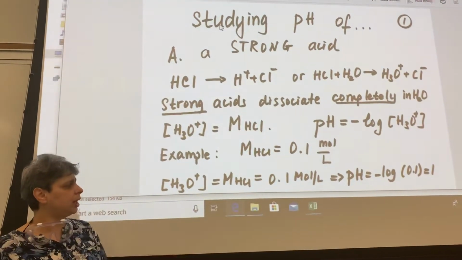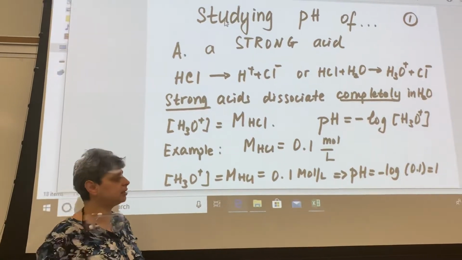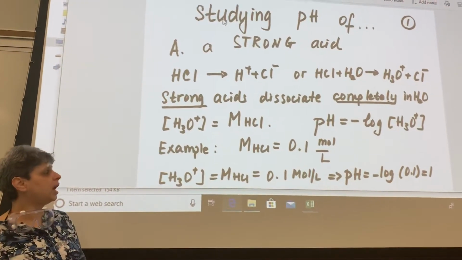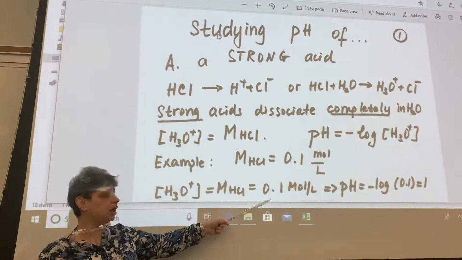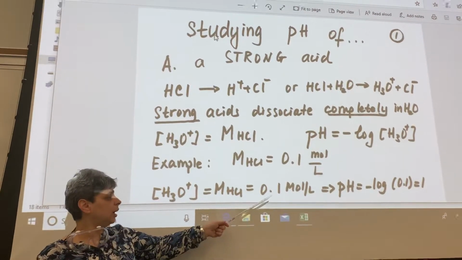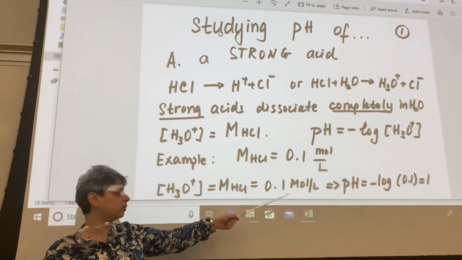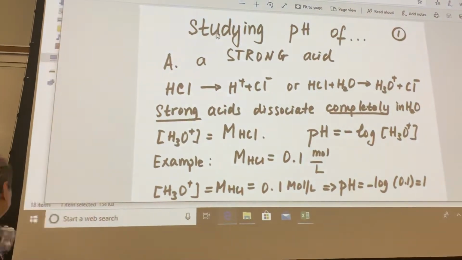There is, of course, always some experimental error involved, so we may get a value slightly different than exactly 1, but hopefully close to 1. And then progressively dilute this 0.1 molar HCl with water, each time decreasing its concentration tenfold. So we're going to go from 0.1 to 0.01 molar HCl, and then to 0.001 molar HCl, and so on.